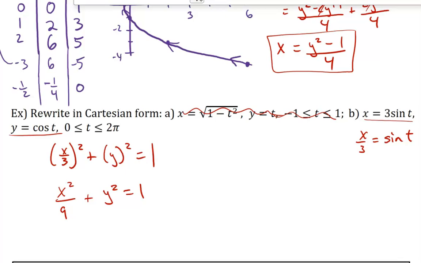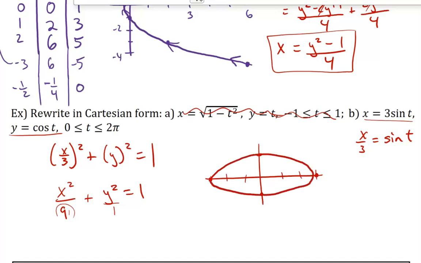Horizontally, this is my a squared, so we're moving 3 to the left and the right of the center to get the vertices. 1, 2, 3, 1, 2, 3, roughly. And then vertically we are moving 1 to get the co-vertices. And then let's see if I can make this look like an ellipse. Hey, not bad. Okay. And there we have an ellipse.